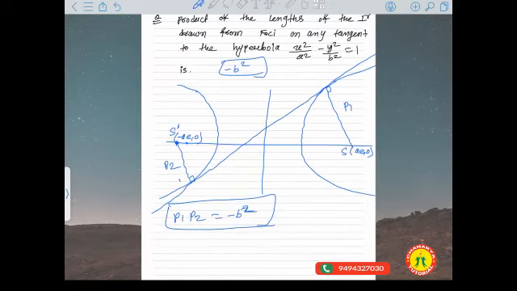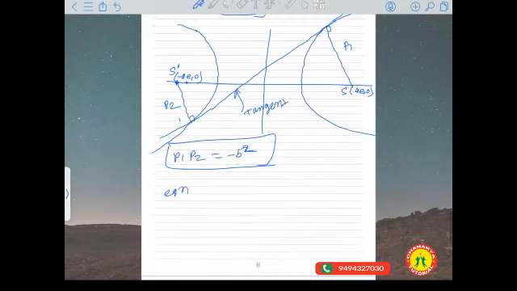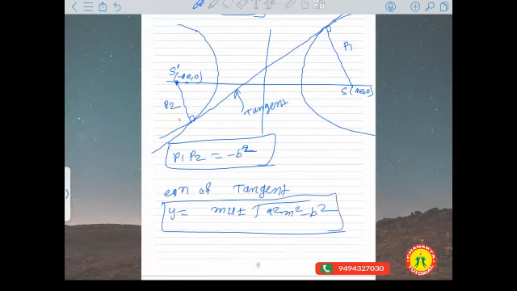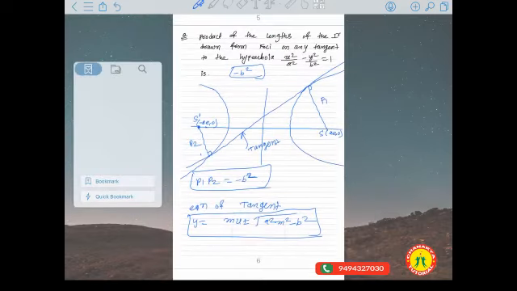So you know now how to write a tangent line. So equation of tangent is y equal to mx plus minus root under a square m square minus b square. So now we can find the perpendicular distance P1.